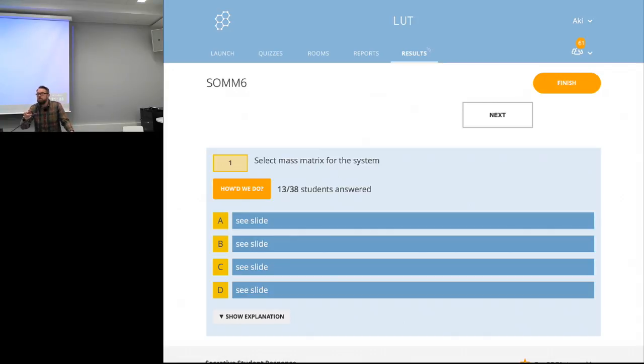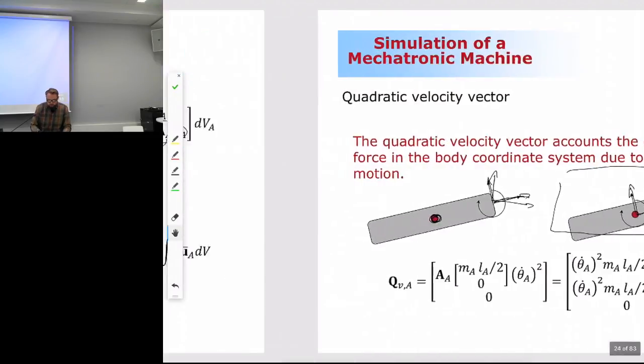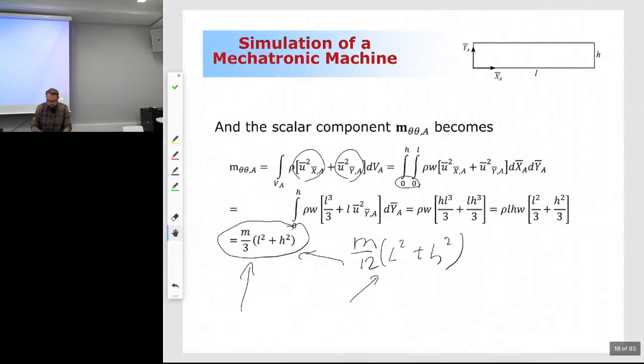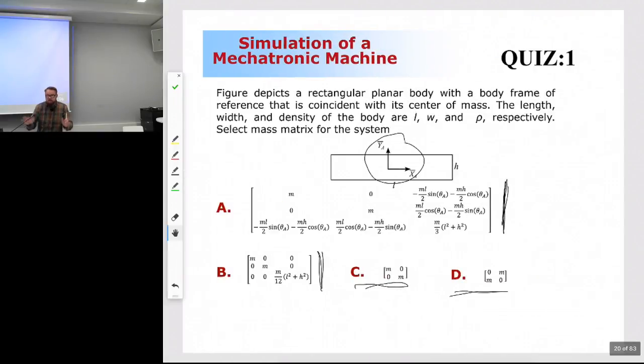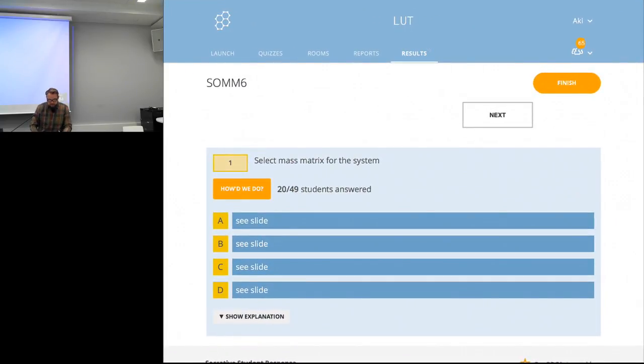Okay, the first question is on. Select the mass matrix of the system. All right, so that is related to this in-class quiz. This one. Did you enter the answer for this first question? You did. All of you did. Okay, so let me close the first question. It seems that some of you are still thinking. Let me wait.